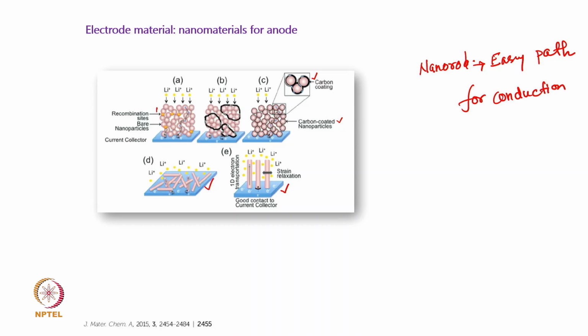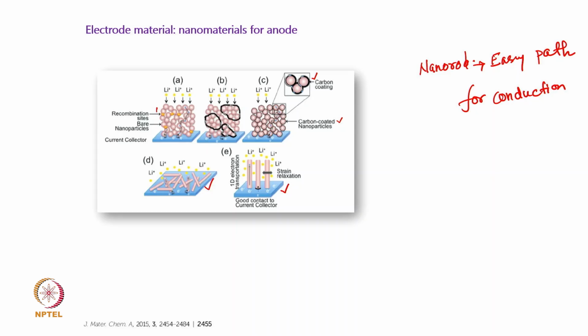In the nanoparticle system, which I have just shown, it is a kind of random motion. This problem is solved when you have a nanorod or nanowire kind of structure, where the motion is directional.